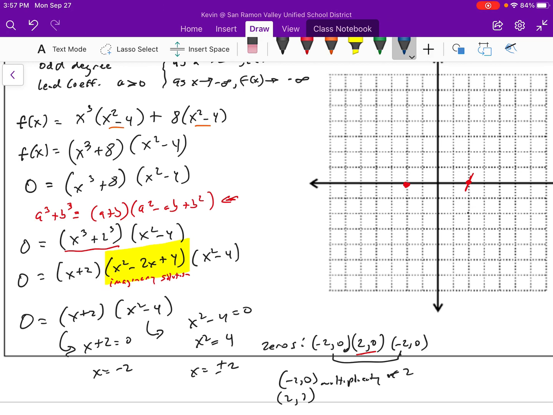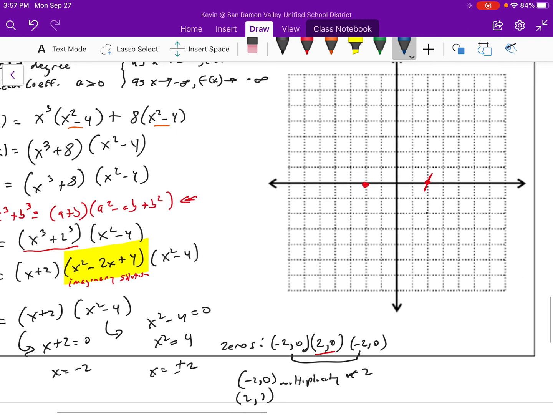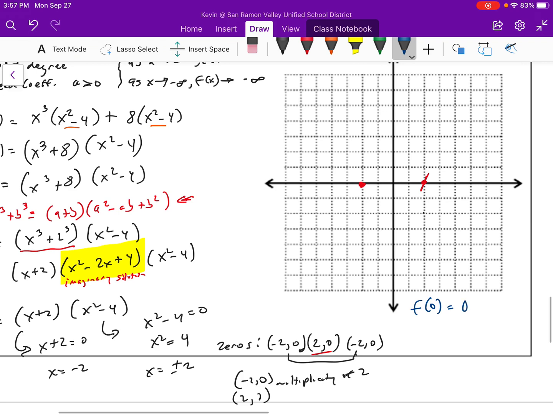So I'm going to pick out some points. I'm going to pick out f of 0. This is kind of nice because this will also give us our y-intercept, so it tells us where it's intersecting the y-axis. So this would be 0 to the 5th power minus 4 times, let's write it down here. We're just taking 0 and plugging into our equation, right?